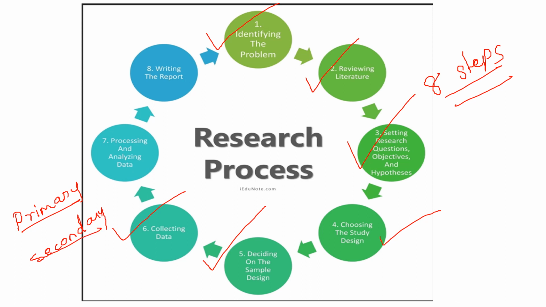Primary means the original or first hand data, and secondary is where we are collecting data that somebody has already collected. Okay, seventh step is processing and analyzing of the data. Here the researcher is analyzing the data whatever he has collected, and here he is going to use different techniques to analyze.